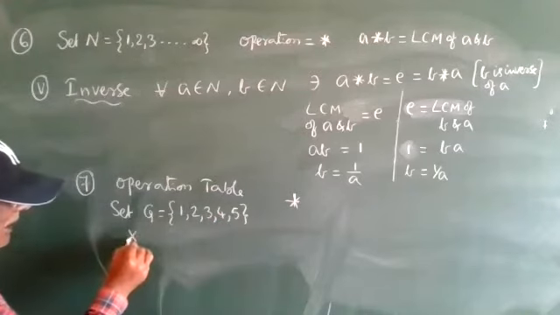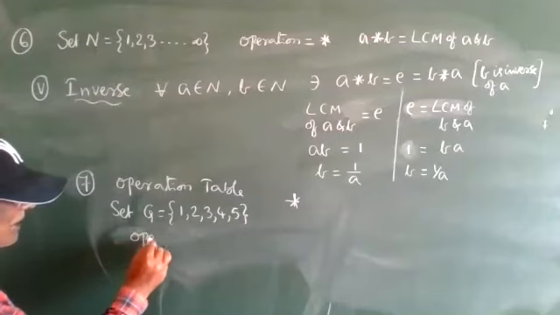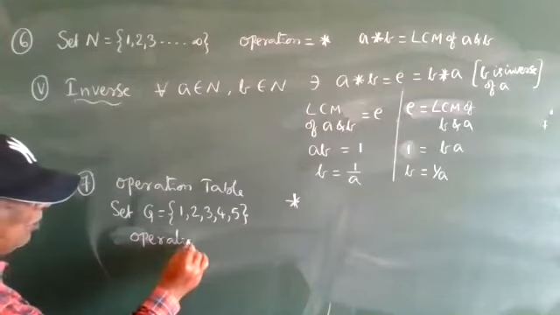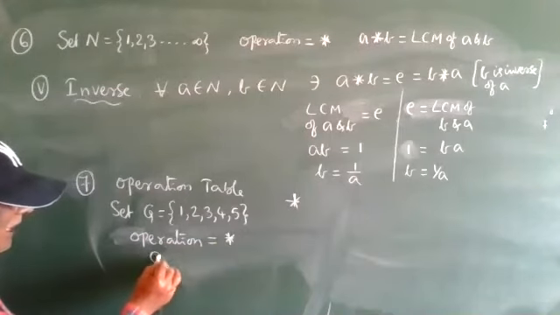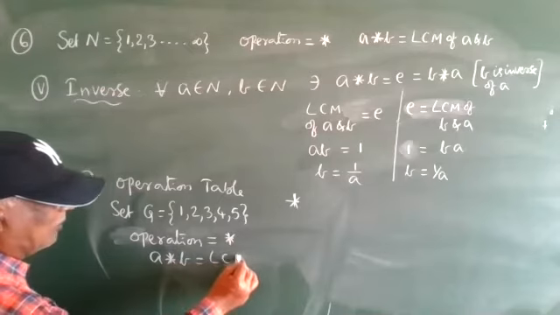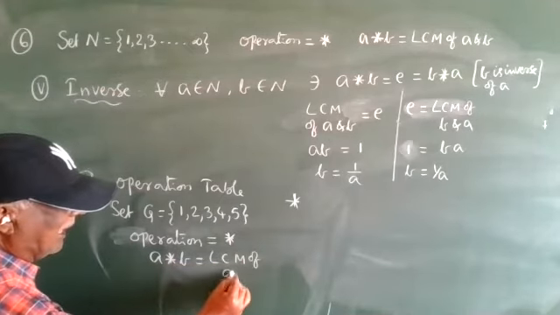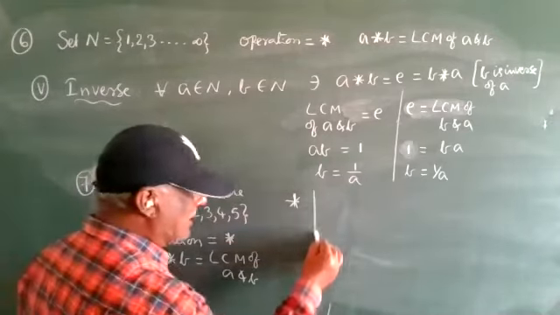The operation is star, defined by A star B equal to the LCM of the two numbers A and B. Everyone write down the table fast.